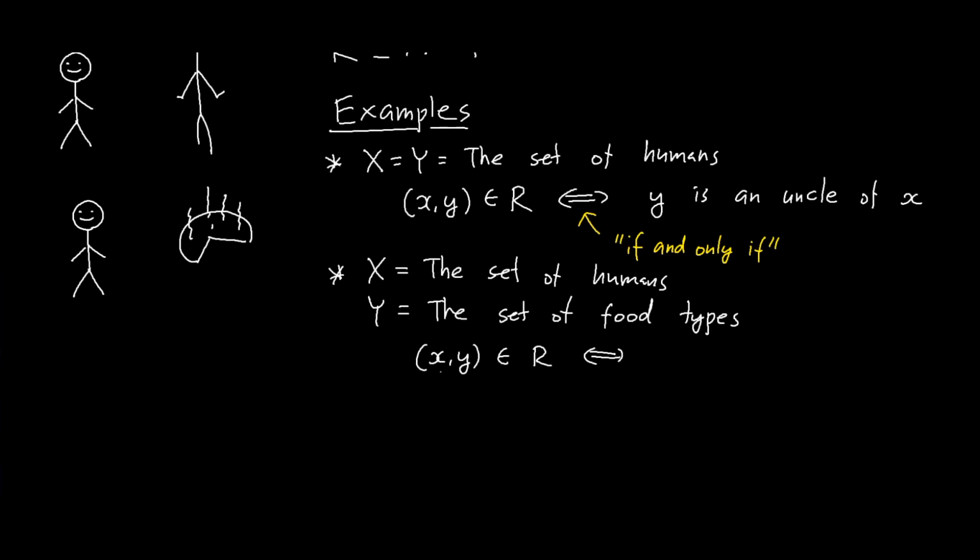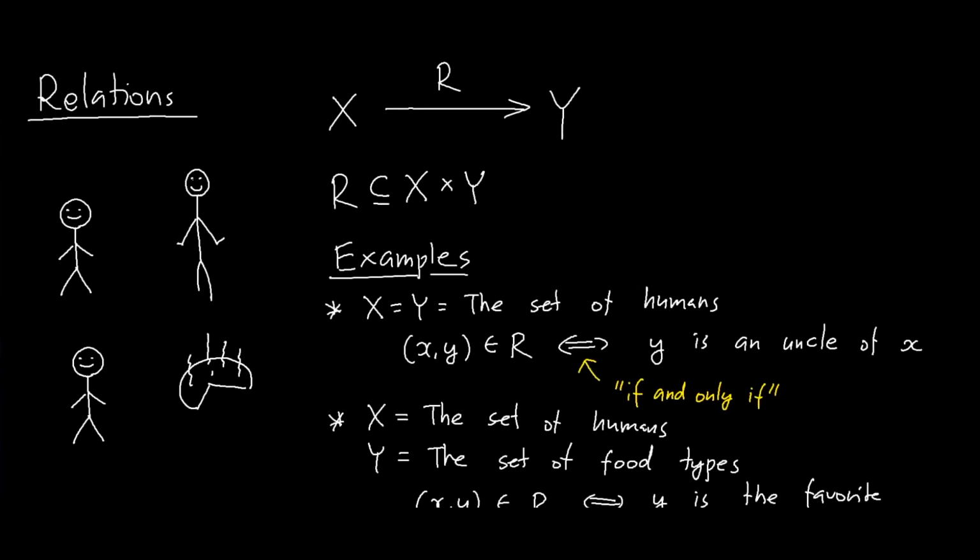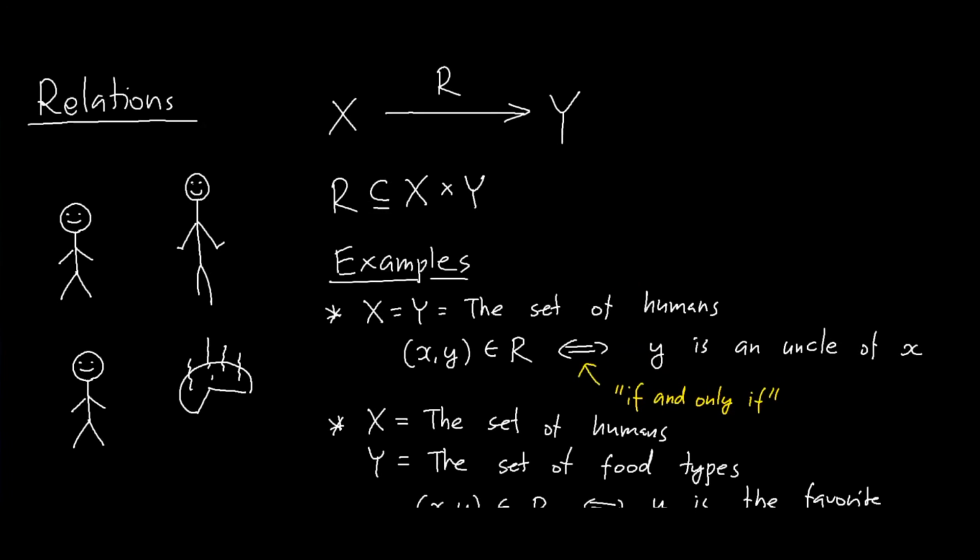So the ordered pair XY belongs to the set when Y is the favorite food type of X. And as you can understand, this notion of a relation is a very general notion.